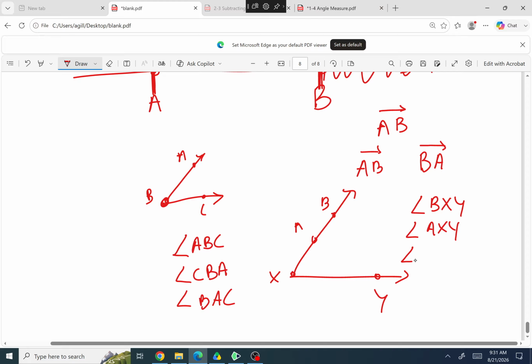I couldn't call it angle BAX because B to A to X, there's no angle there, right? I mean, there kind of is. That's a straight angle, which is a straight line, yeah? But BXY and AXY are the same angle. Yeah? Anything hard there? All right, cool.